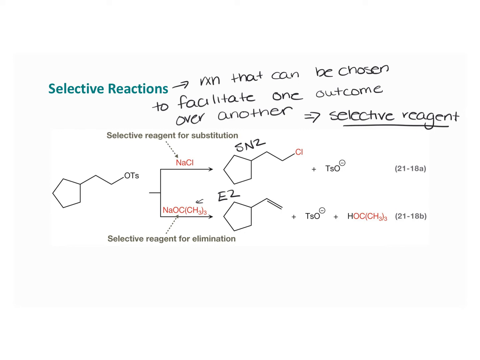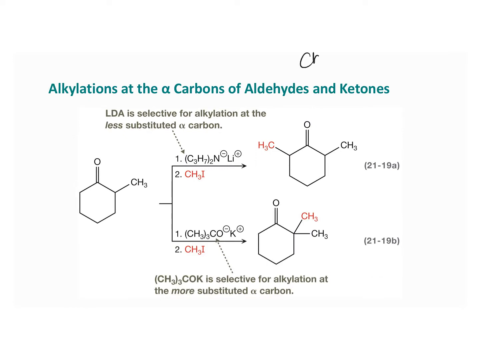We also saw another example, so this example is from chapter 9, okay? We also saw another example in chapter 11, where we looked at the alkylation at alpha carbons of ketones and aldehydes. Remember, right, that lithium diisopropylamide, which is LDA, is a base.